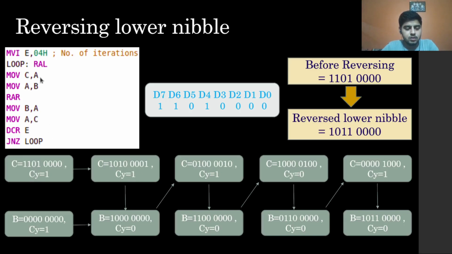And initially the value of B is 0. Because we can perform these operations on the accumulator, we have to keep changing the value of the accumulator and keep updating the value of the B and C register pair after each operation.